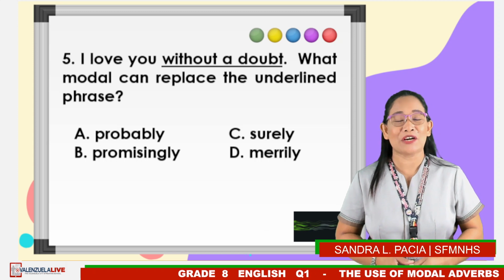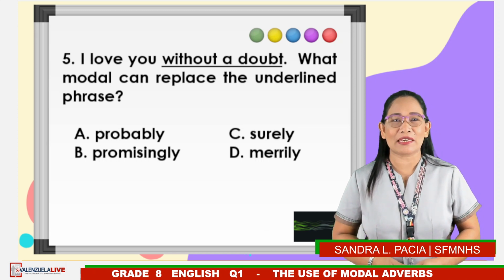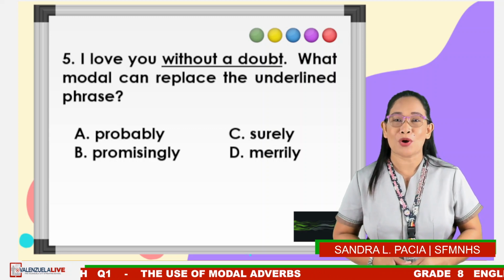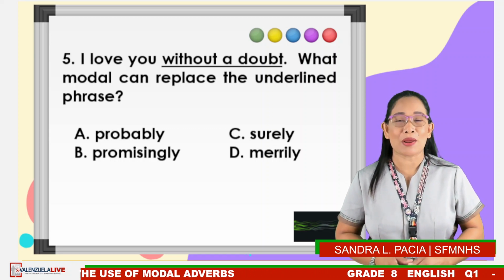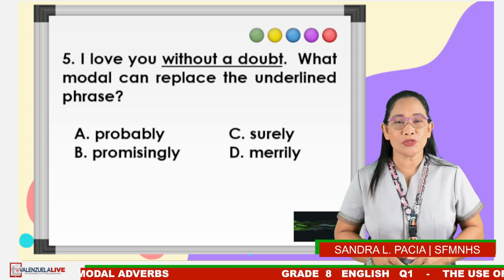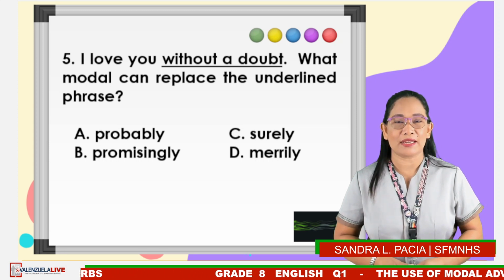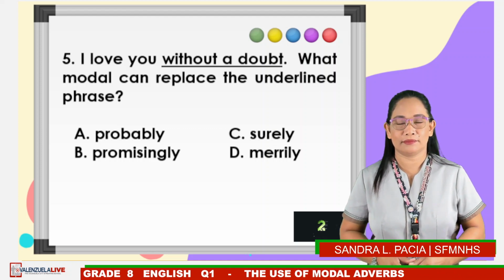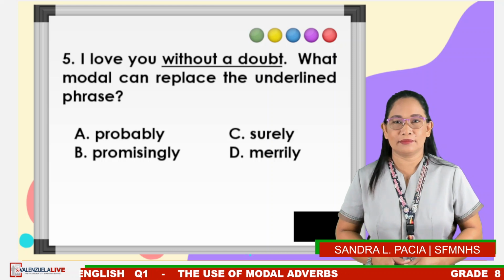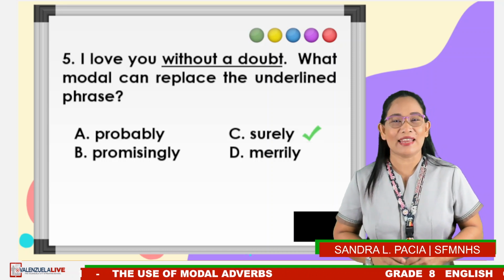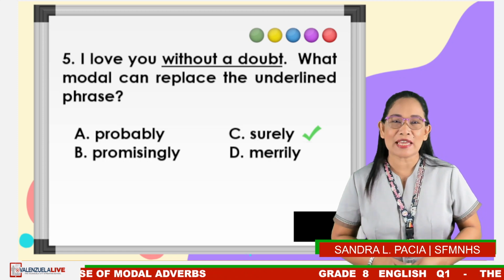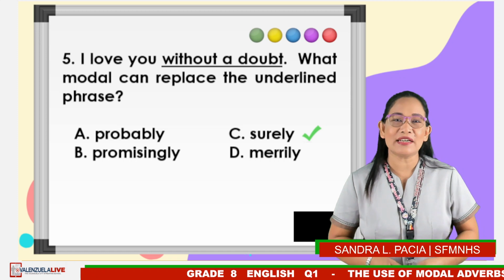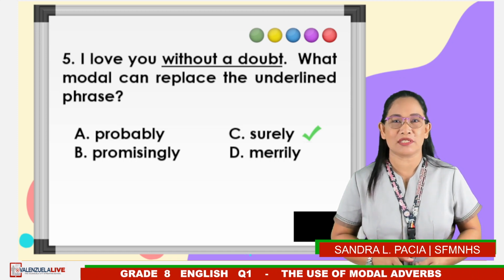I love you without a doubt. What modal can replace the underlined phrase without a doubt? A. Probably. B. Promisingly. C. Surely. D. Merrily. And the answer is letter C. Did you get them all correct? Great job. If not, together, let us sail with our topic for today.